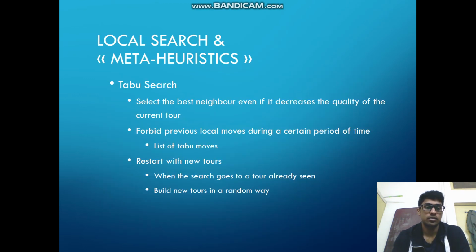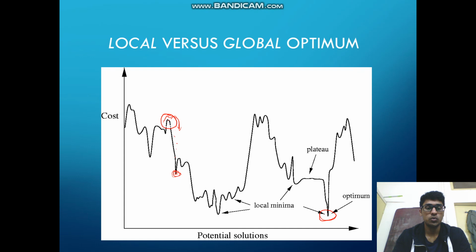And there are other local search heuristics like tabu search, which, to put it in simple terms, means that we take the steps which decrease the distance, and once we are at the local optimum, we allow some steps to be taken which increase the distance, and the number of those steps is predefined. Let's say some k steps, we define the value of k, let's say 10. So we'll allow 10 steps to be taken such that the distance is allowed to increase, because we need to pass these small hills over here.